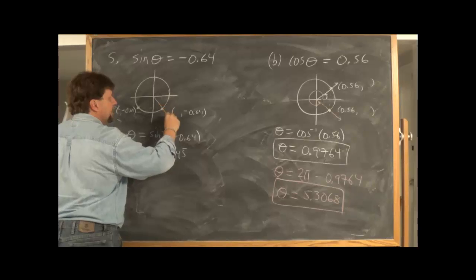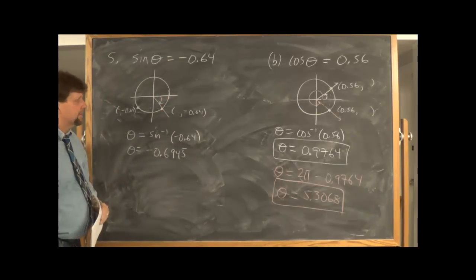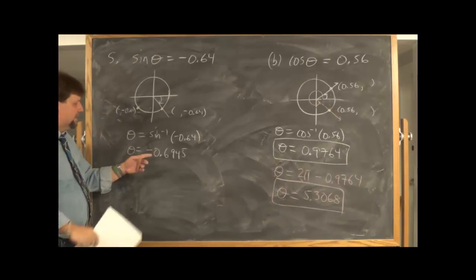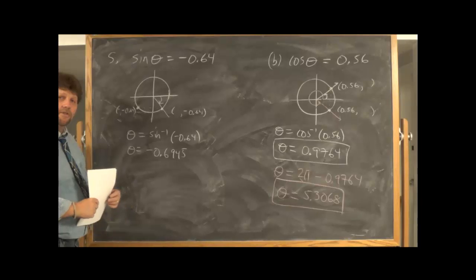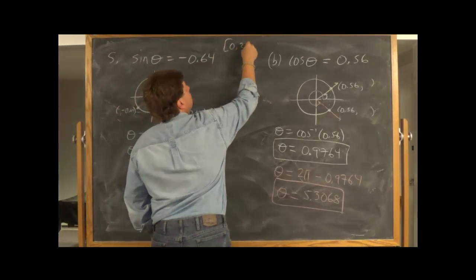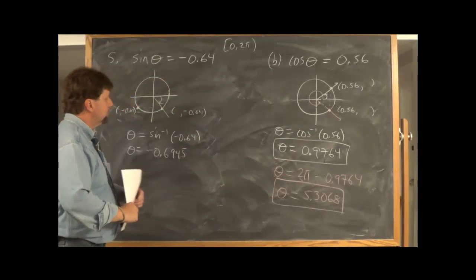Your calculator has just told you that angle measure. We cannot use that as an answer. This is a negative number. We want our solutions in the interval 0 to 2 pi. A negative number is not in that interval.